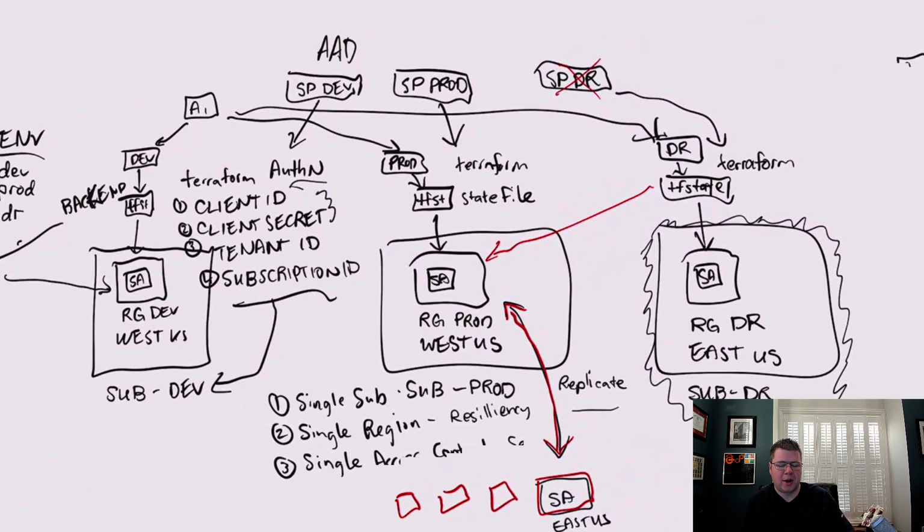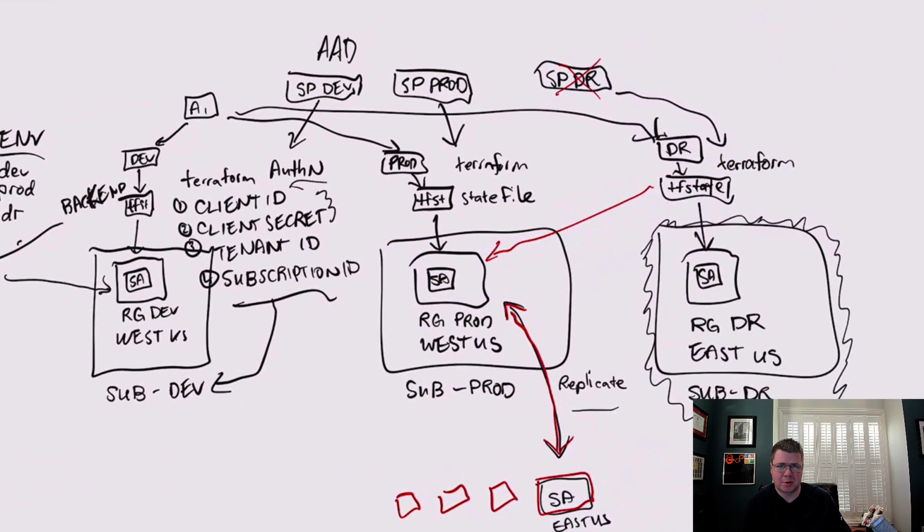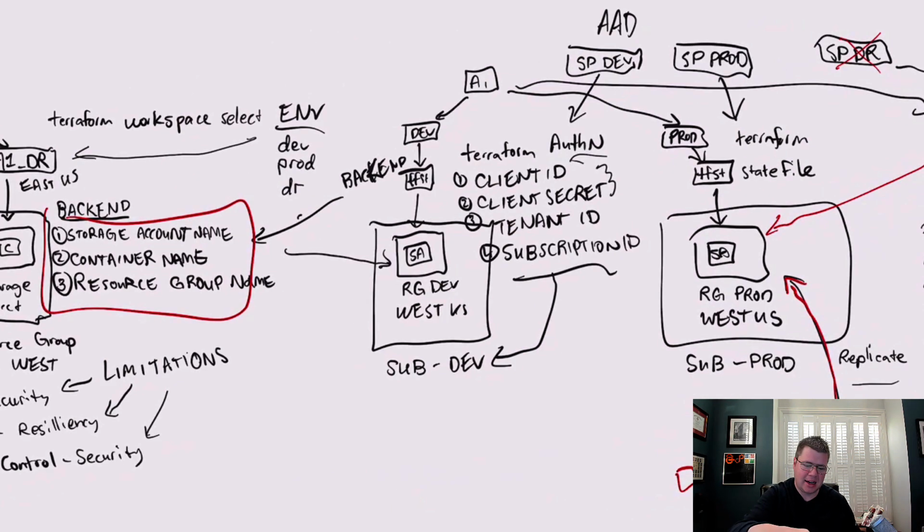All you'll do when you go to this model is you'll be using a different client ID, different client secret, and different subscription ID for dev, prod, and DR. And then you'll be using a different backend, these 3 different backend settings right here. You'll have a different storage account name, of course, a different resource group where the storage account exists, and the container name would probably be the same across all those things.